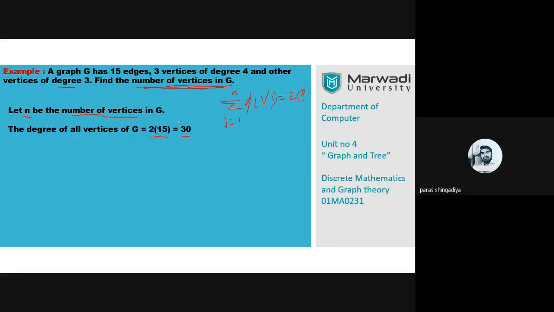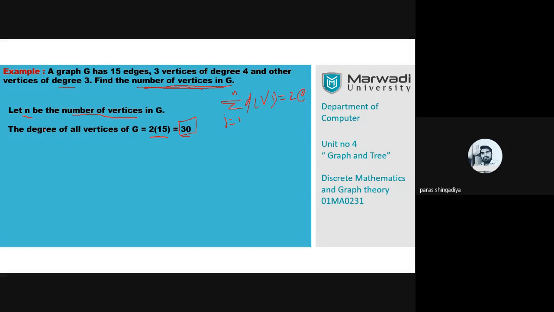So what is the meaning of this answer? It means the degree of all vertices. Clear? There are n vertices right now. Degree of v1 plus degree of v2 plus up to degree of vn will become 30. Clear? That is one answer we have to derive.